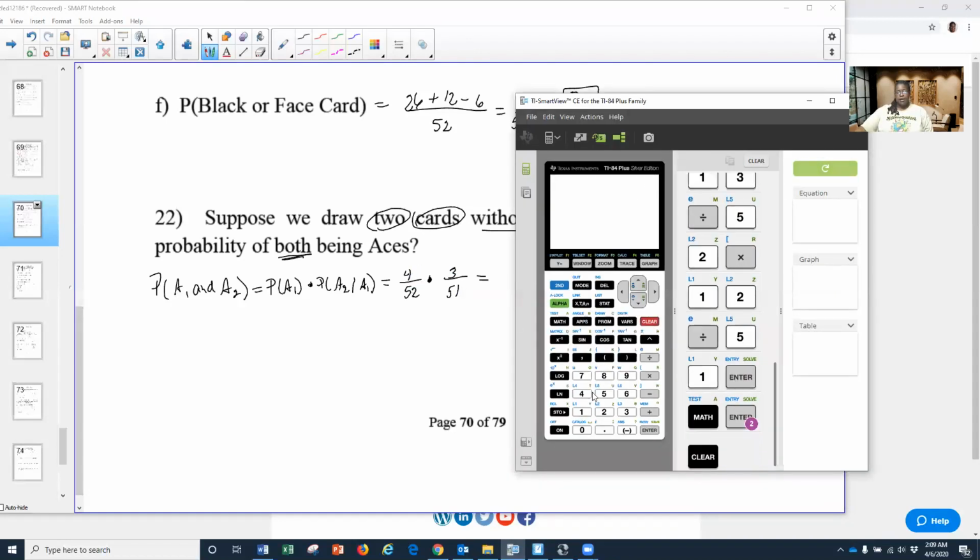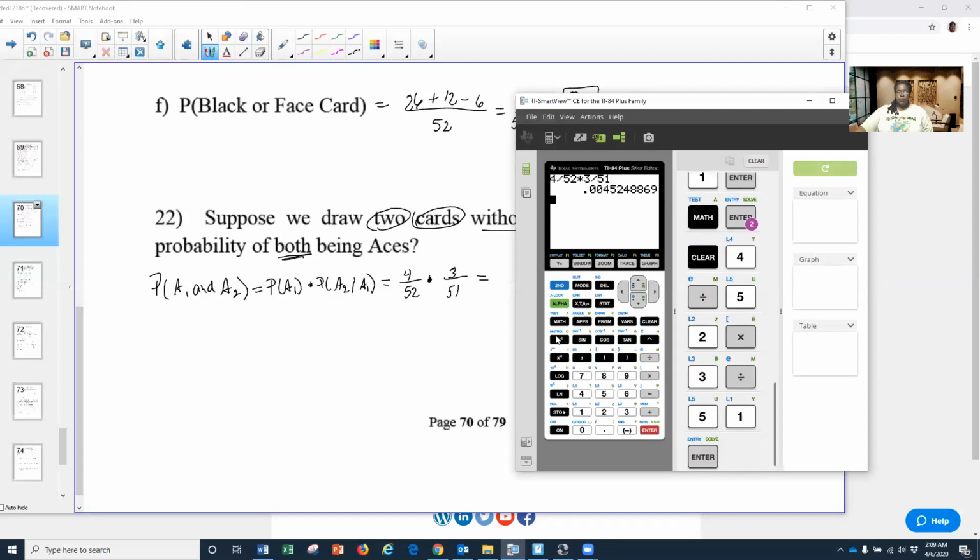So we have 4 divided by 52, and I'm putting the whole thing in so we can see it, or you could just multiply across and get 3 times 4 is 12. And then times 52 over 51, however you feel comfortable putting it in, times 3 divided by 51.